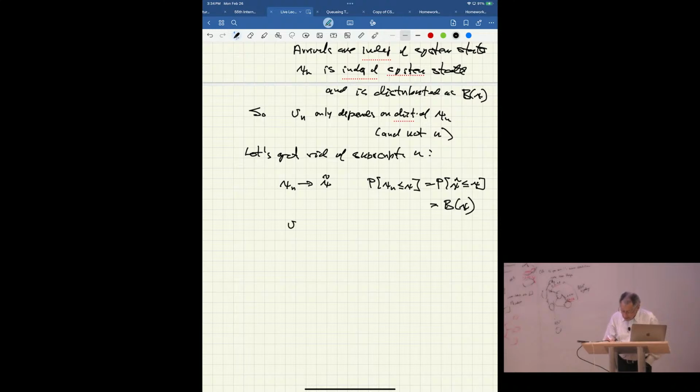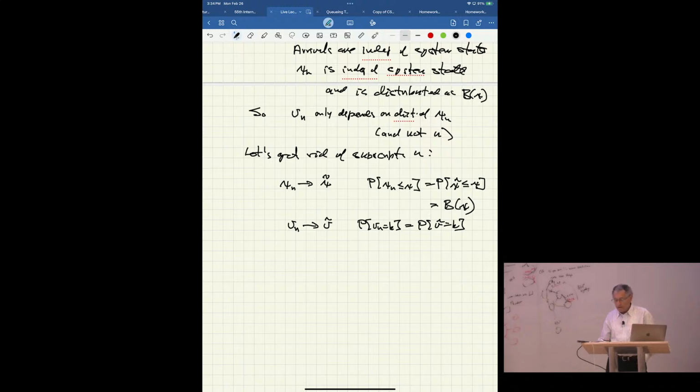And V sub n, the number of arrivals during the service, doesn't depend upon n, so we're going to write that simply as V tilde. So the probability that Vn equals k is the probability V tilde equals k. And do we have notation for that?